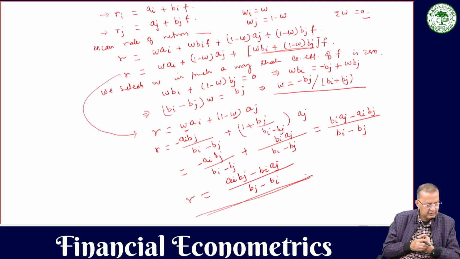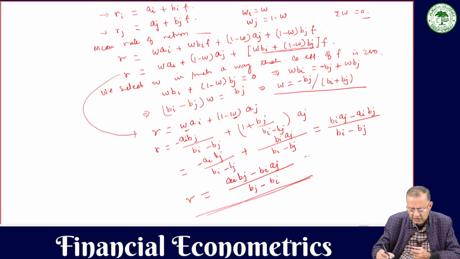What is this R? This R is equal to this much. Clear? Now suppose this is equal to lambda 0.